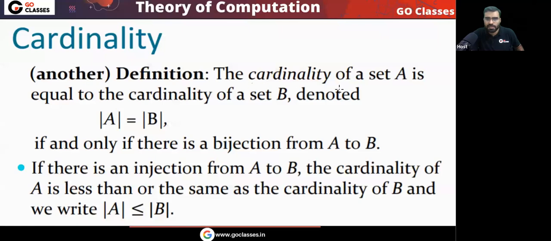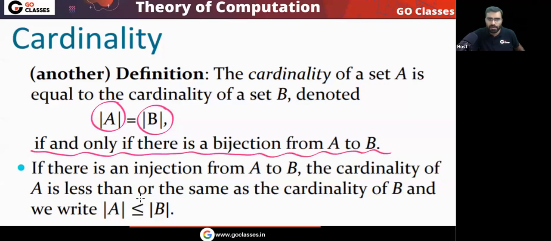We have seen that the cardinality of set A is equal to the cardinality of set B if and only if there exists a bijection from A to B. This definition we have already seen, right? Also we have seen that if there is an injection from A to B, then we will say that the cardinality of A is less than or equal to the cardinality of B.